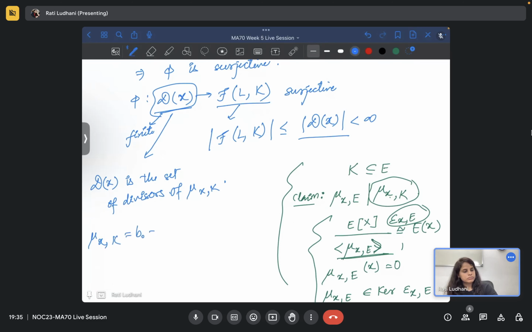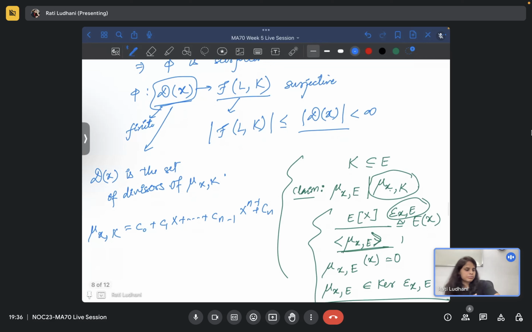Let's write it with some coefficients c1, ..., cn: x to the n, plus c1 x to the n minus 1, and so on, plus cn. Here n is any natural number, and mu xk is equal to this. So how many divisors can it have?